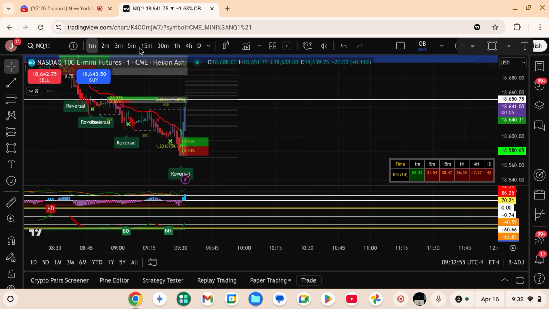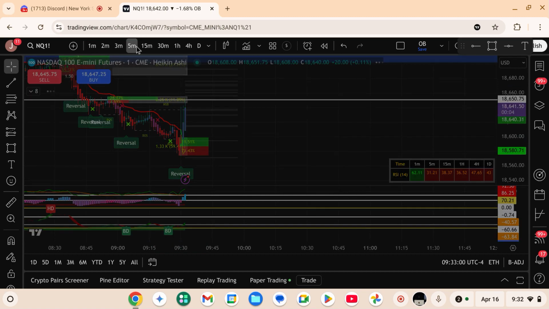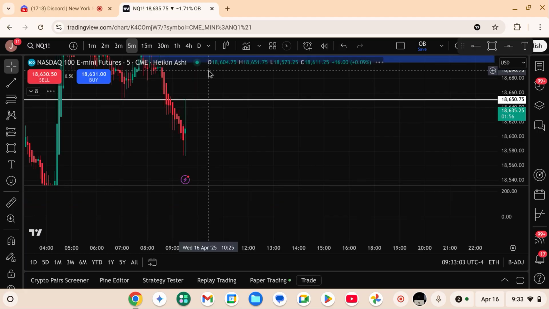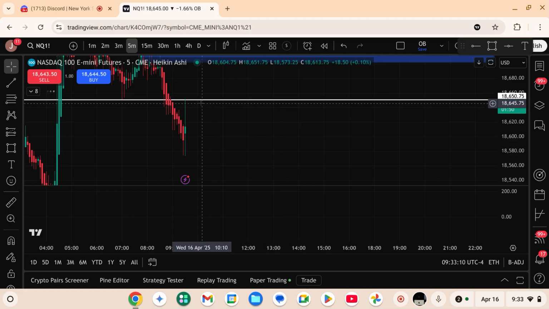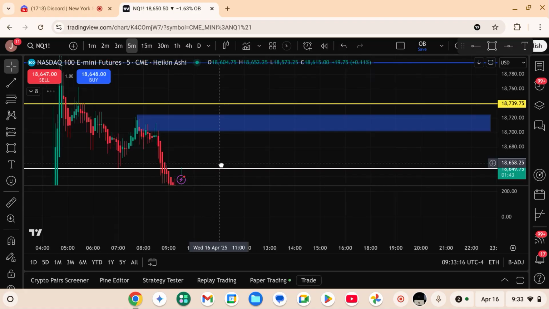I'm looking for a sell soon. I just don't know where I want to enter. It's probably this order block up there. Now, if this 5 minute can start to close above here, I'll look to take longs.